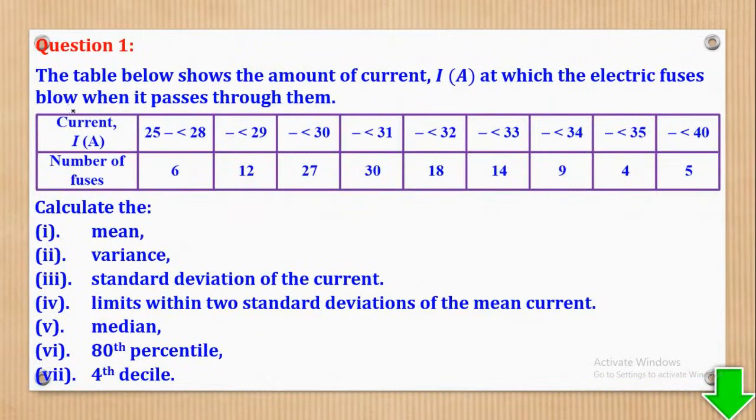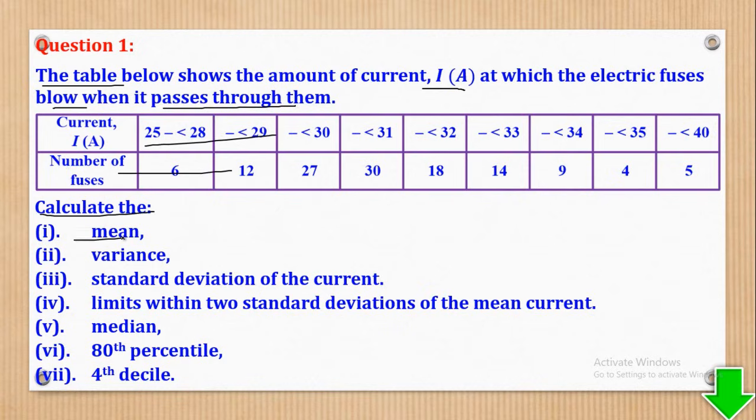So with that, we are going to use this question 1 still to go through these questions. Question 1 says the table below shows the amount of current I at which the electric fuses blow when it passes through them. So it's the current and this is the number of fuses.